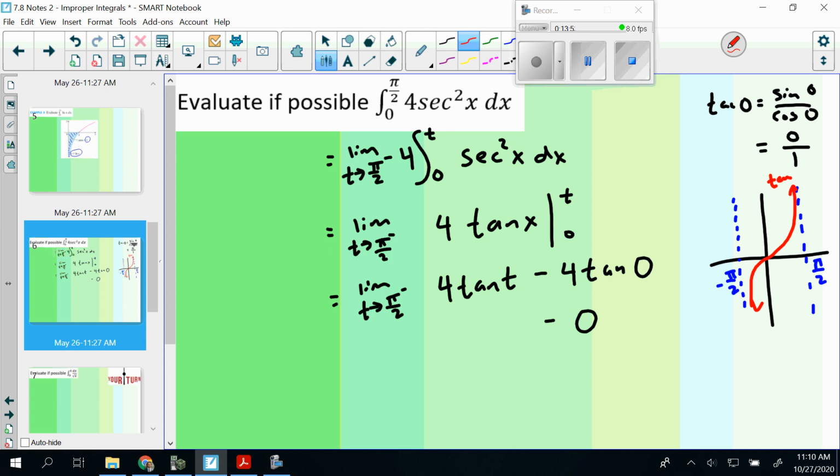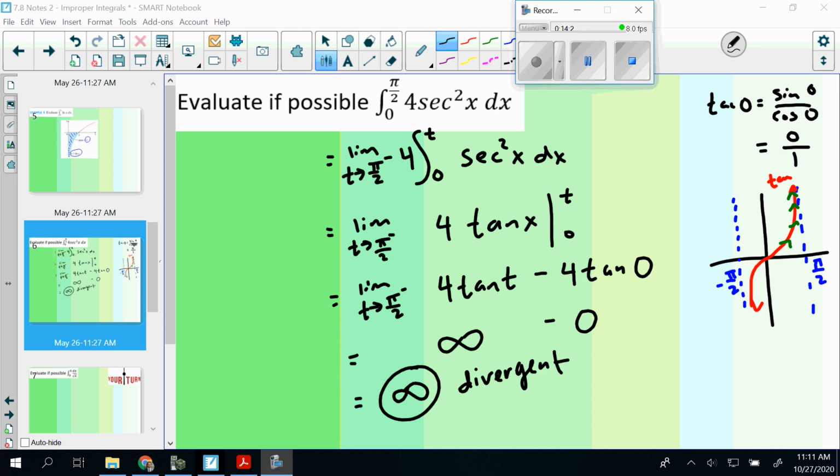So as we come from the left, what is this approaching here? Looks like it's approaching infinity. So this would evaluate to infinity. In this one, we get an answer of infinity, which is telling us this one is divergent. The graph is not approaching fast enough on this one to have a finite amount of area. There's infinite area on this one.